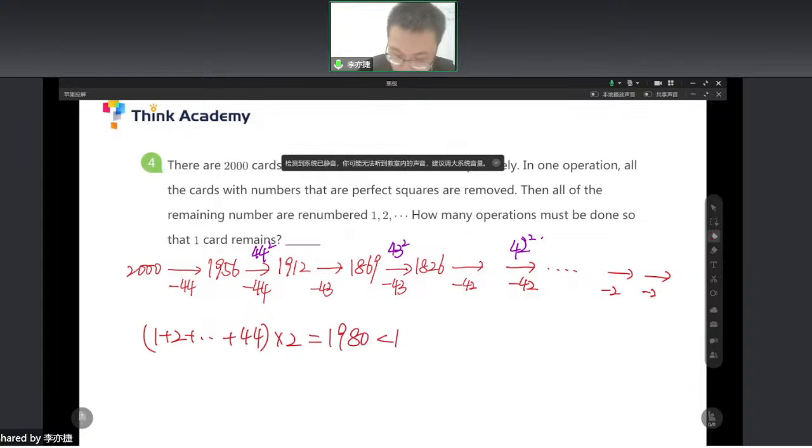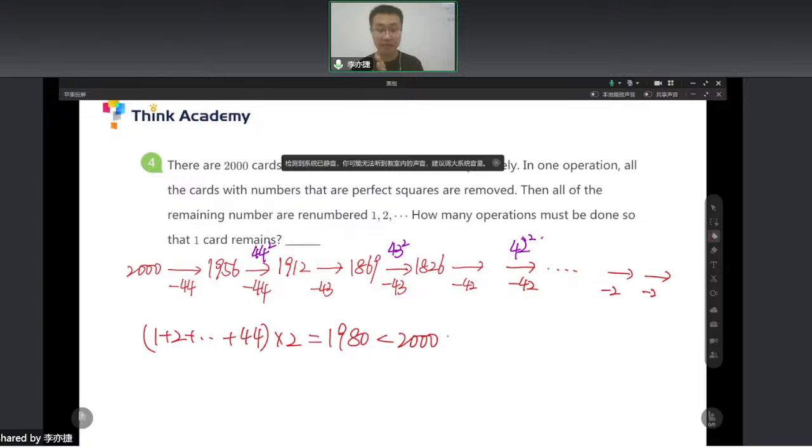It's smaller than 2000. So which means if we only do this process for 88 times, it will reduce to a number of less than 2000.